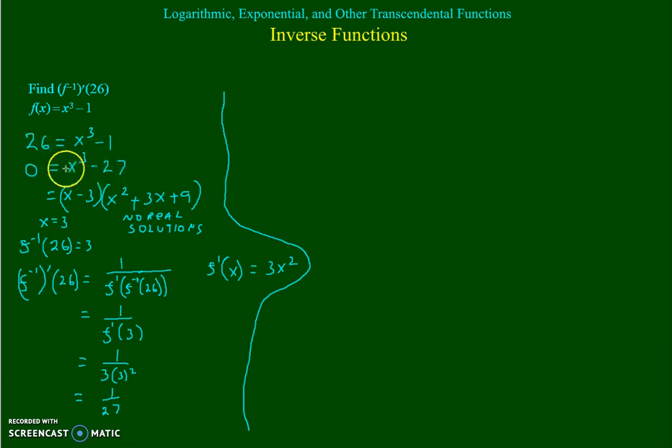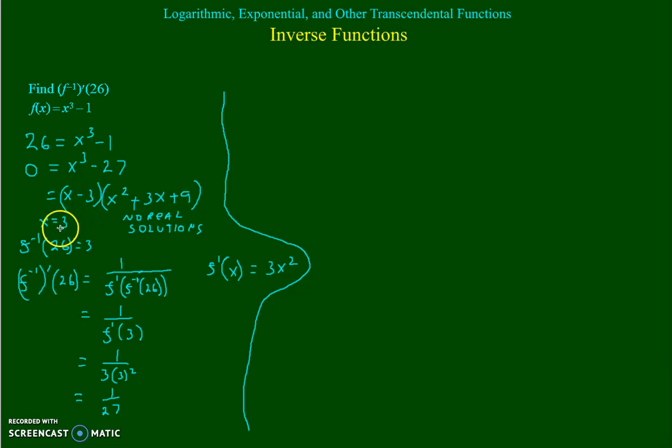Well, this is a difference of 2 cubes, and so that factors out to the cube root of this, that sign, the cube root of that, times this guy squared, this times this with the opposite sign, so that's 3x plus, and then this piece squared, which is 9. Now you can clearly see that this piece has no real solutions because all the coefficients are positive and this never touches the x-axis. So the only solution is x equals 3.